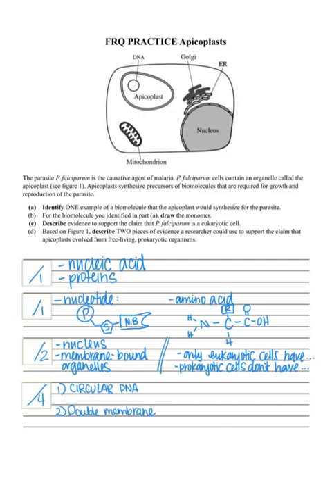Now, because it's a describe again, we've got to dig into how and why. So your second 2 points would come from how those pieces of evidence support the claim that they were once prokaryotic cells. So, when you're talking about the DNA, you could say something along the lines of, because the apicoplast has circular DNA that's only found in prokaryotic cells, it would have been a prokaryotic cell at one point.